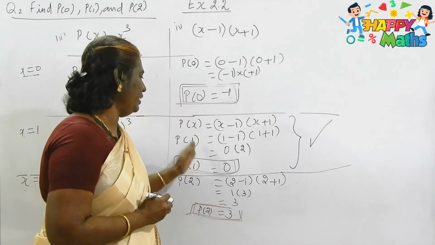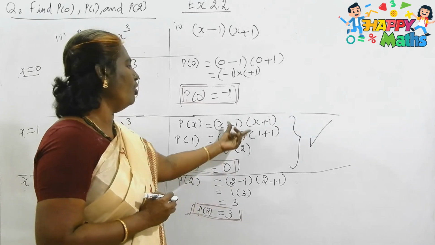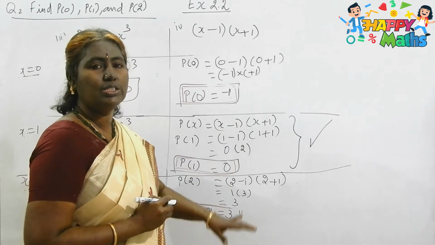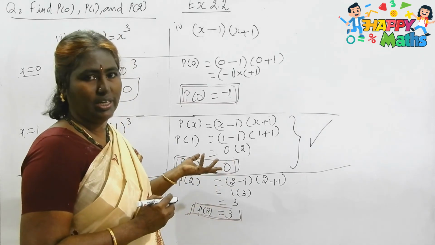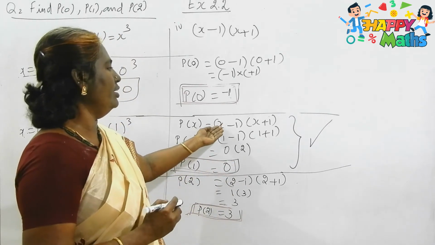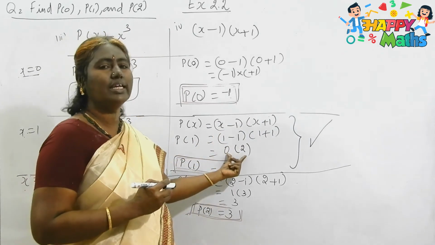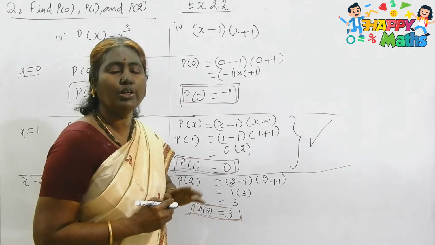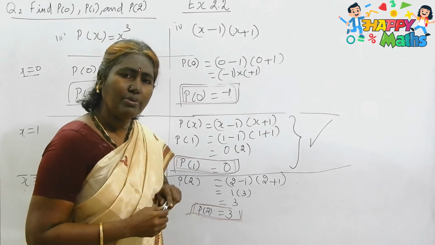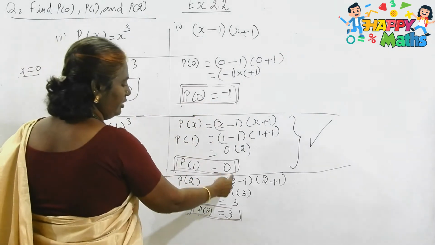What? See here, this p of 1 is a zero of this product polynomial. This only we are going to utilize in the factorization of a quadratic equation. So if one of the two factors gets 0, the whole thing gets 0. So x equal to 1 is a zero of the polynomial. What is a zero of a polynomial? See, in each and every sum we are getting the remainder. Yes or no?